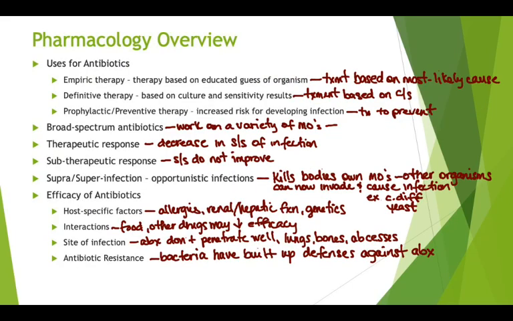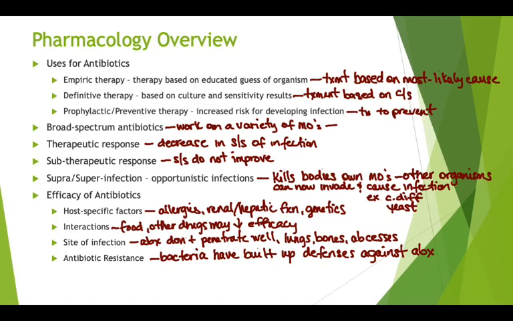Kind of like a review of your pharmacology, the uses of antibiotics, the reasons why we use them. There are three main reasons. We do empiric therapy, and that is using antibiotics that can best kill the organism known to be the most common cause of the infection. So that's an empirical way of treating it.